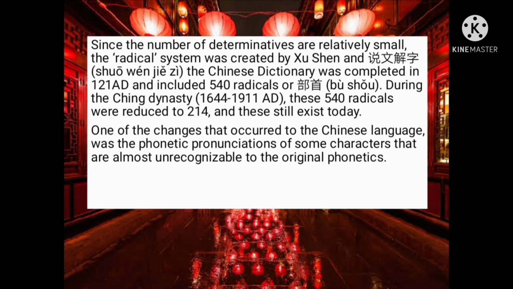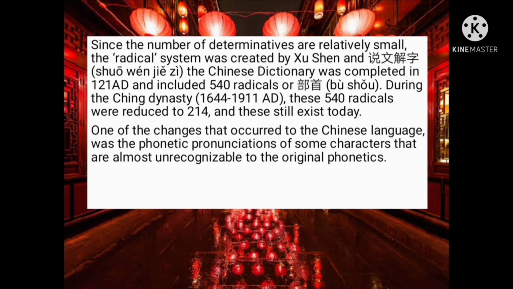Since the number of determinatives is relatively small, the radical system was created by Xu Shen in the Shuowen Jiezi. The Chinese dictionary was completed in 121 AD and included 540 radicals, or Bushou.